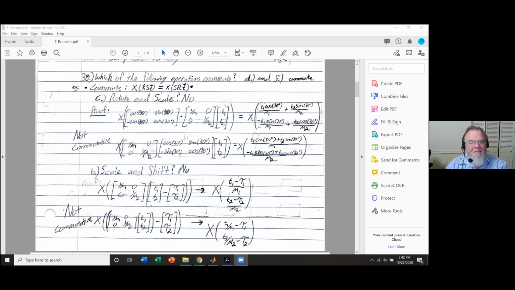But if you apply scaling second, then M1 is being scaled by the whole equation rather than just each part. That looks to be perfectly right. Excellent. Thank you. Go ahead and unshare your screen. So I don't believe they do commute. Does anybody have a geometrical example that they could share?